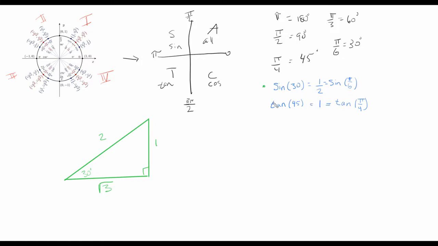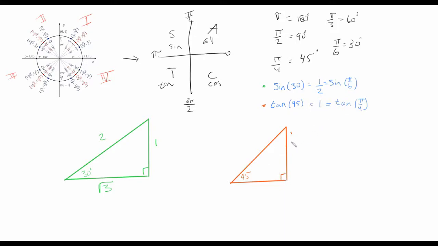And we'll do tangent in orange. We know pi over 4, 45 degrees, that's an isosceles right triangle, so 45, 45.